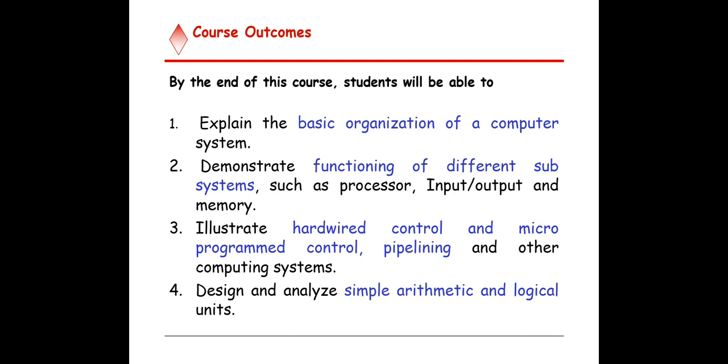You can also discuss what hardwired control and microprogrammed control are, or pipelining, and how the arithmetic and logical unit works. All these ideas you will get by doing this course.